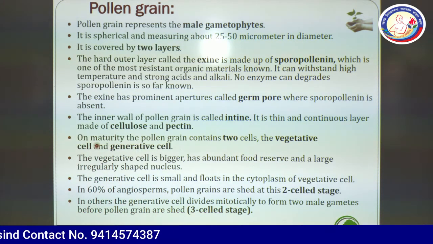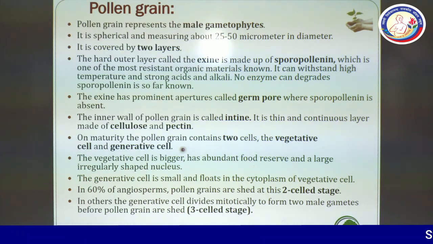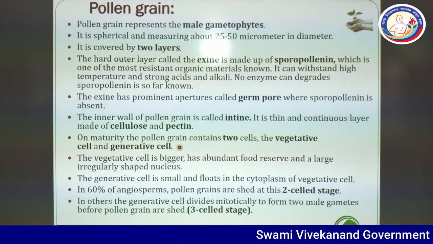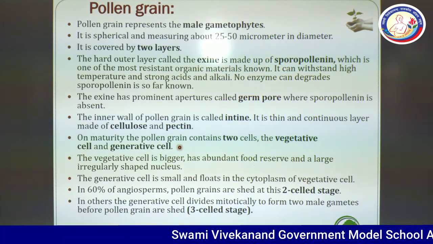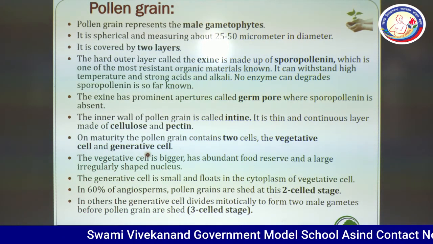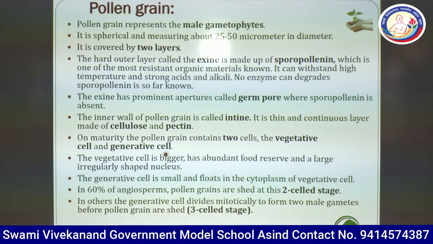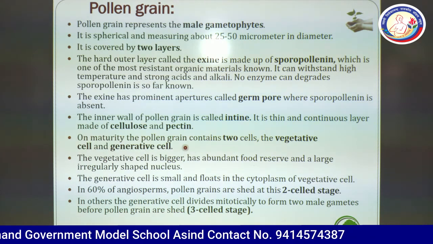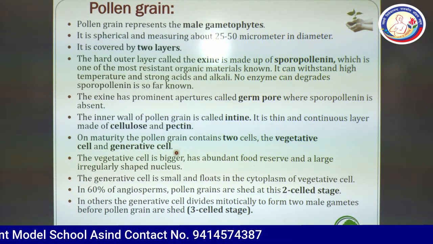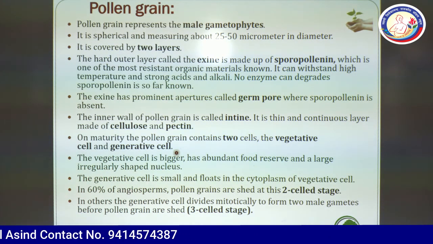And generally on maturity the pollen grain contains two cells, the vegetative cell and the generative cell. Generally the vegetative cell is a single cell and it has an asymmetric structure, while the generative cell is a lens-like cell.